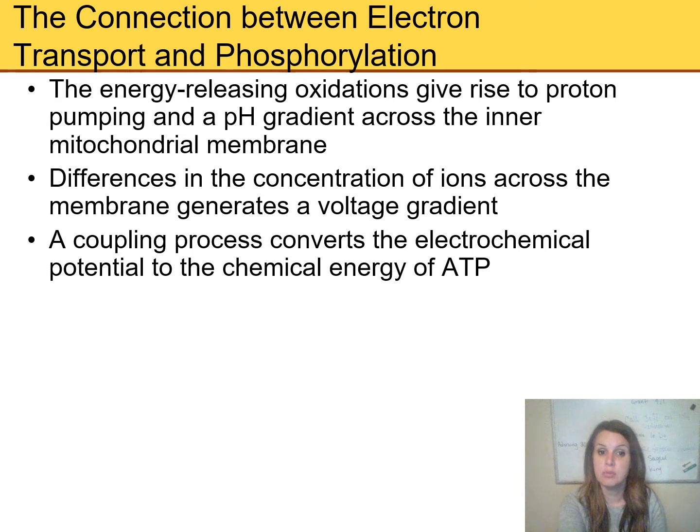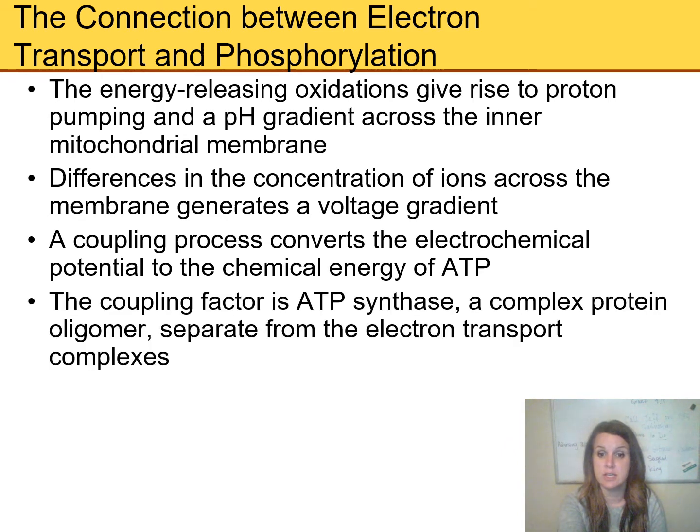And there's a coupling process that converts the electrochemical potential that's generated across that membrane to the chemical energy of ATP. And that's called oxidative phosphorylation. The coupling factor that does this is ATP synthase. And it's a complex protein oligomer, and it's actually separate from the electron transport chain complexes.